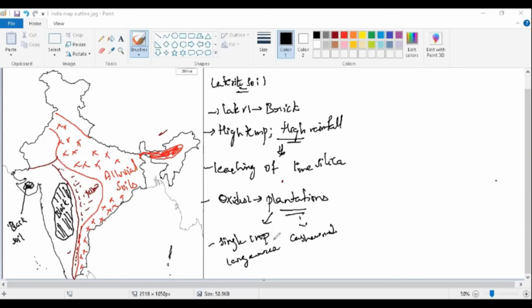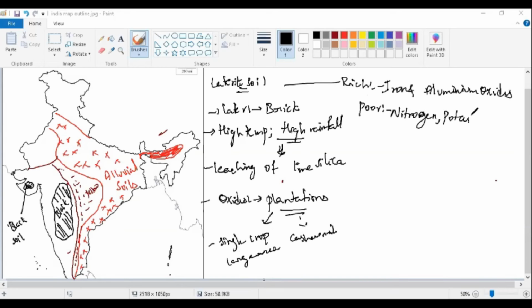So it is rich in oxides, as I said, iron and aluminium oxide. And it is poor in nitrogen or NPK, potash and phosphorus. Fine. So that is about laterite soil.